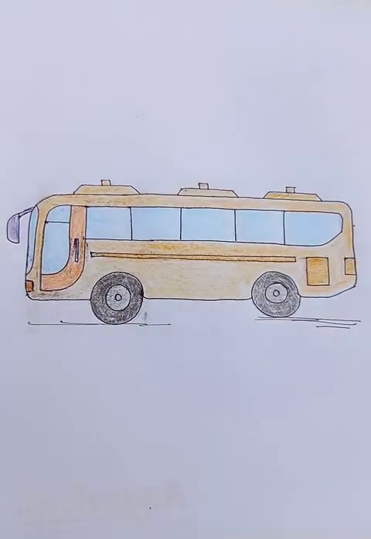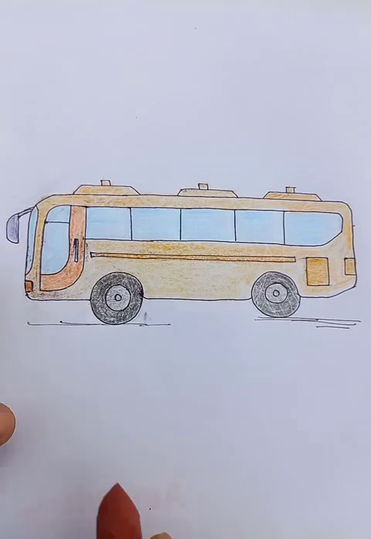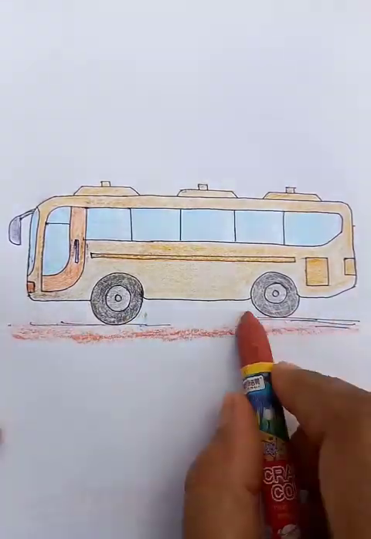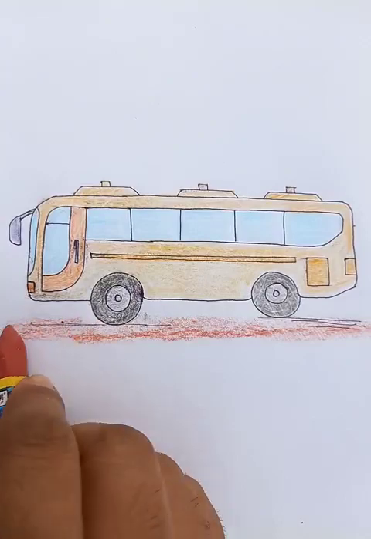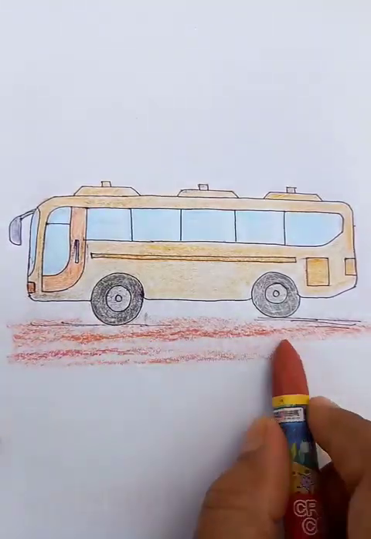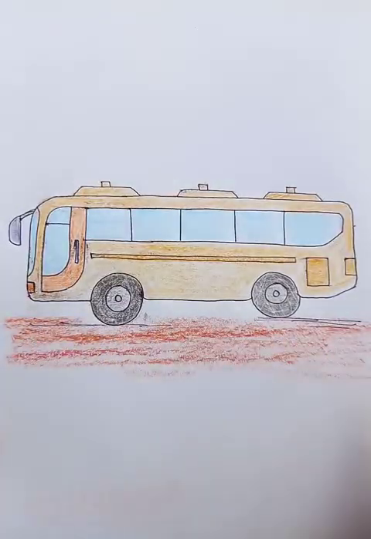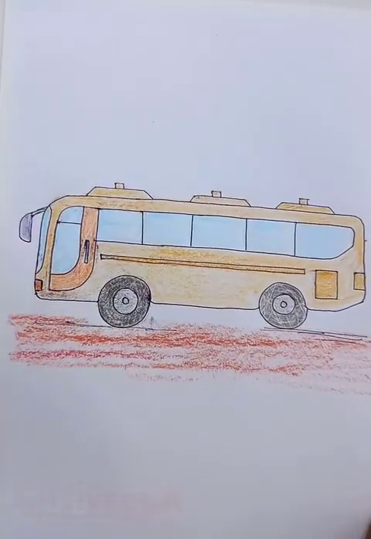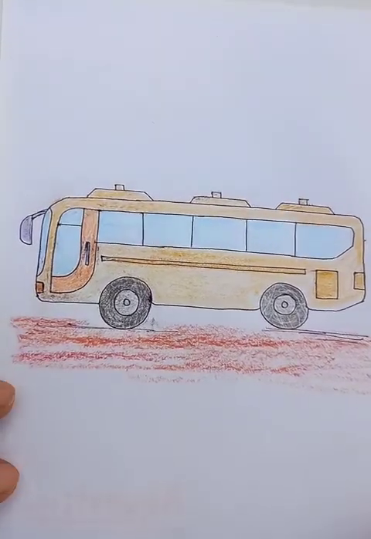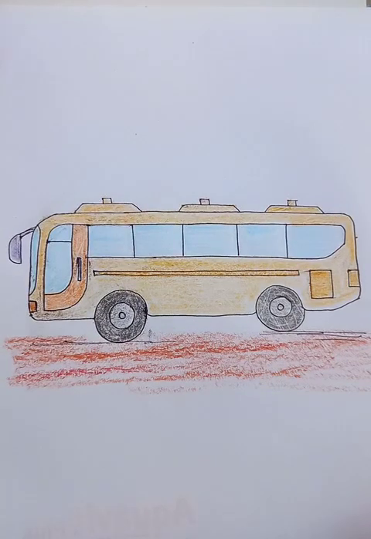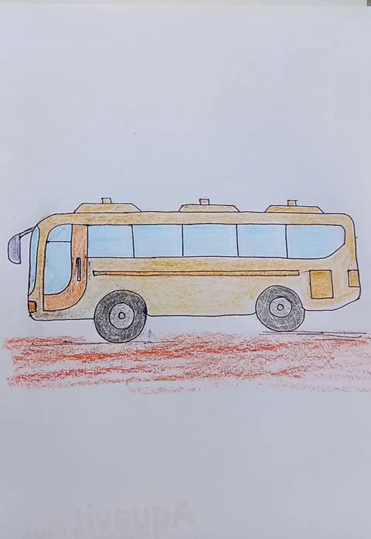All right, so the drawing of the bus is almost done. Let's use the crayons in the bottom to show the roads. All right, so this is the basic drawing of a public bus.